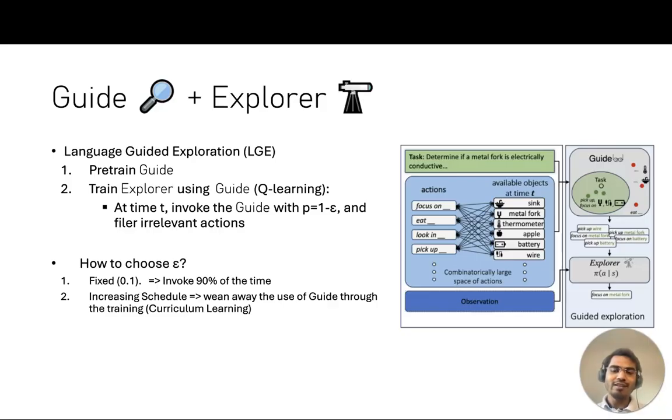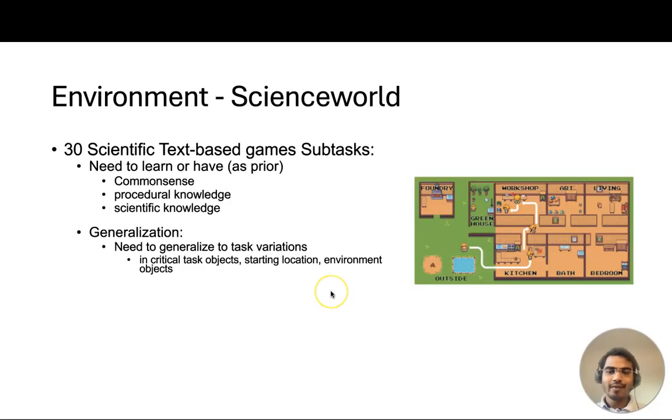This way of training is very similar to curriculum learning, where initially we handhold the explorer by allowing it to choose from only a restricted set of actions picked by the guide, but slowly, as the training of the explorer progresses, we reduce the number of times the guide is invoked, thus making the explorer self-reliant. We report our numbers on both these forms of our framework, and we call this framework language guided exploration.